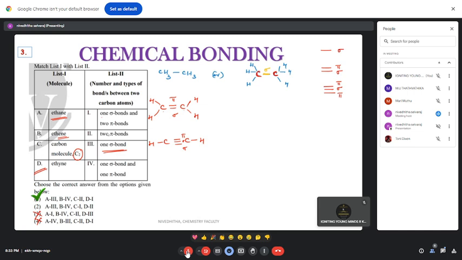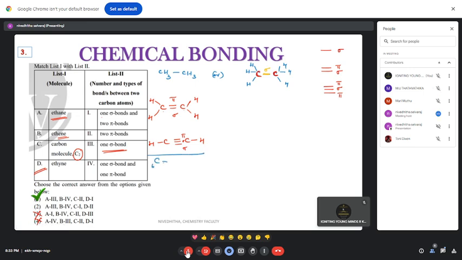There is a theory, MOT, molecular orbital theory, right? So we have to use this MOT to find the number of chemical bonds between two carbon atoms, okay? Which is very simple. You have to draw the MOT diagram, the molecular orbital diagram for this carbon molecule, and we have to check how many bonds are there, okay? Let us do it here. As far as the carbon atom is concerned, what is the atomic number of carbon?